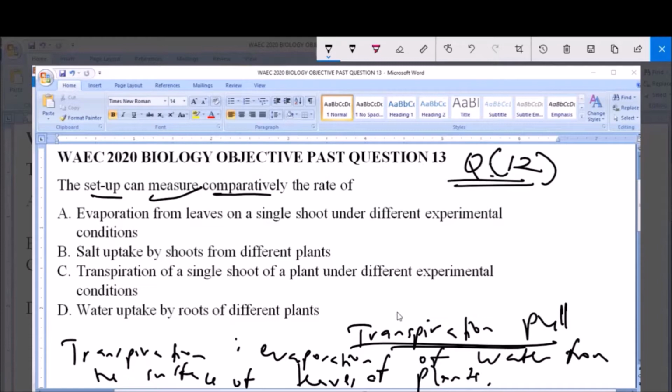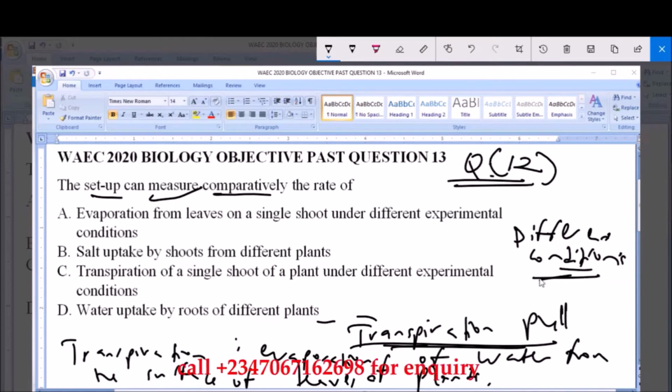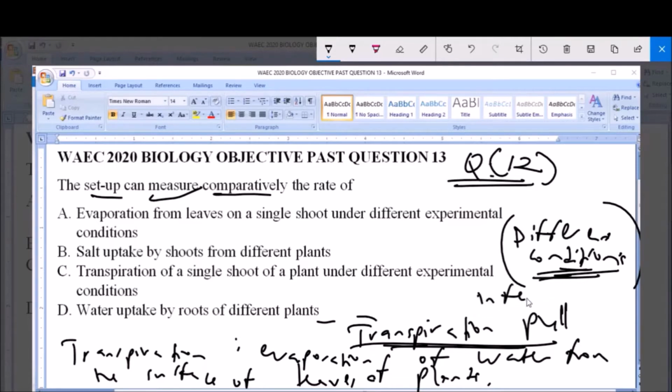So the setup is used to measure the force of transpiration. Another thing to note is that the force of transpiration can be measured under various or different conditions. So you can measure the transpiration pull of the same plant under different conditions using that setup, and you can make your inference from the experiment.